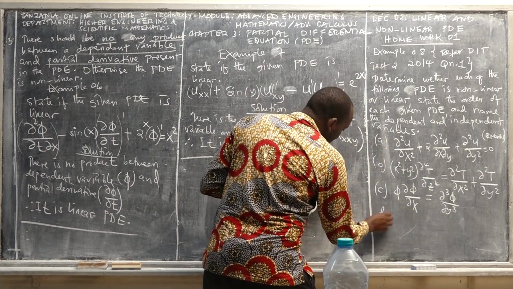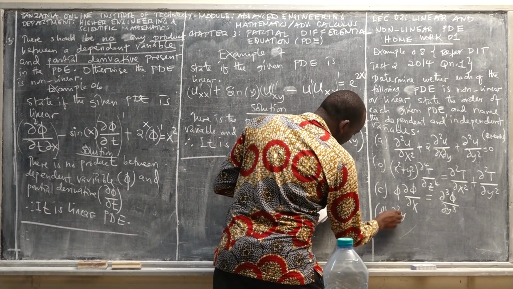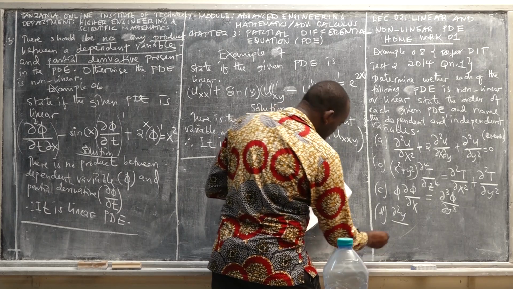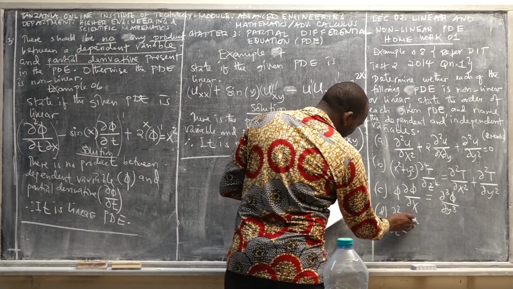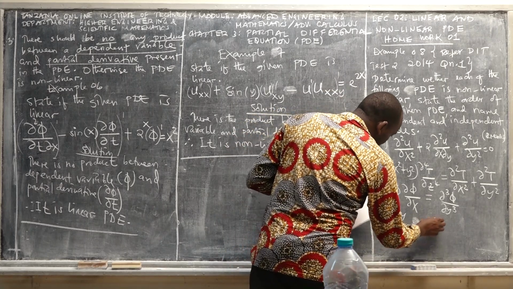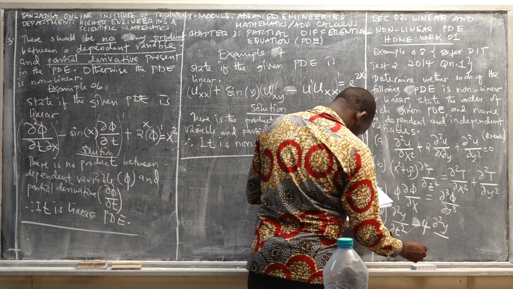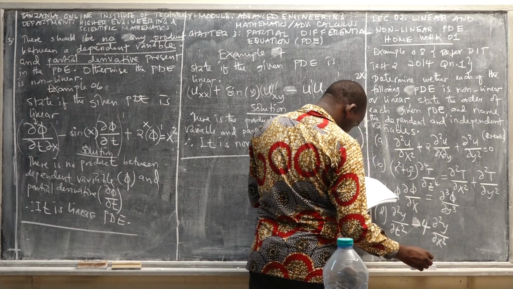Then (d) it is the second derivative of y with respect to t squared minus 4 times the second derivative of y with respect to x.